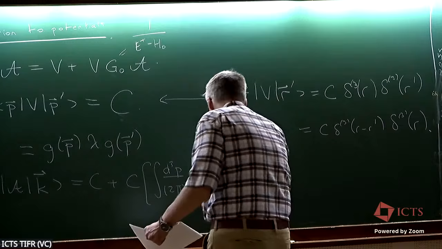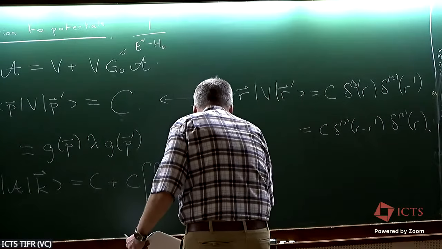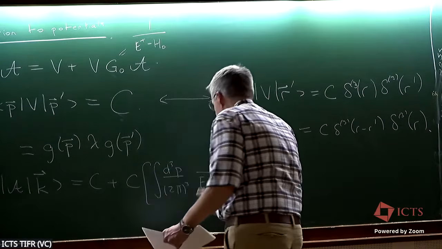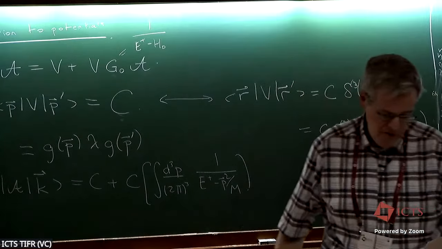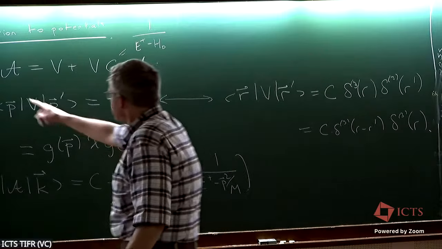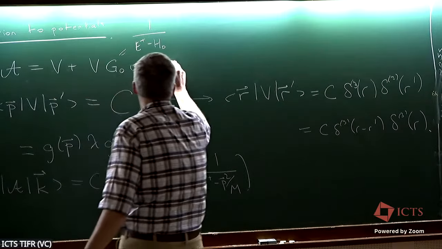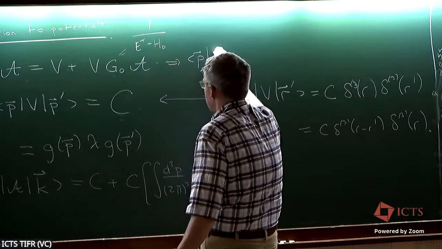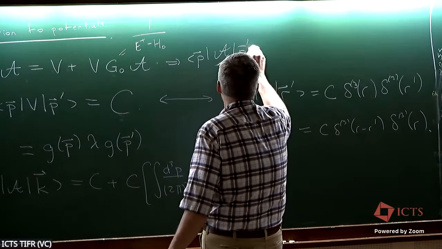In non-relativistic quantum mechanics, that's just the 1 over E plus minus P squared over M that we keep writing down. Then if I take matrix elements of this equation, I get the integral form of the Lippmann-Schwinger equation.